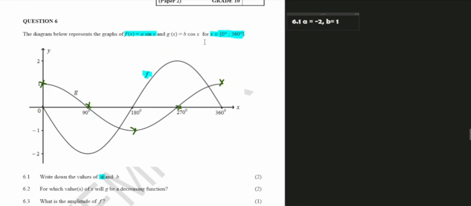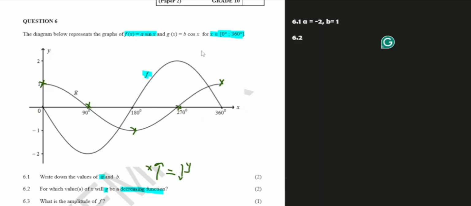So question 6.2, it says, for which values of x will g be a decreasing function? So basically, it's asking us for which values of x will the increase in the x value result in a decrease of y values.